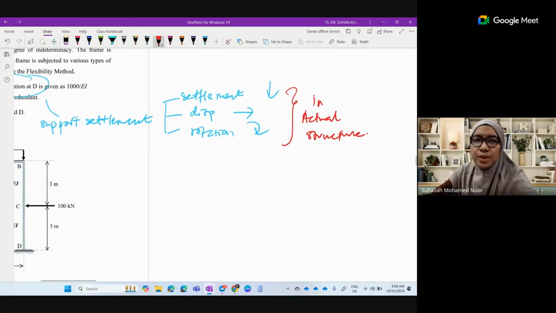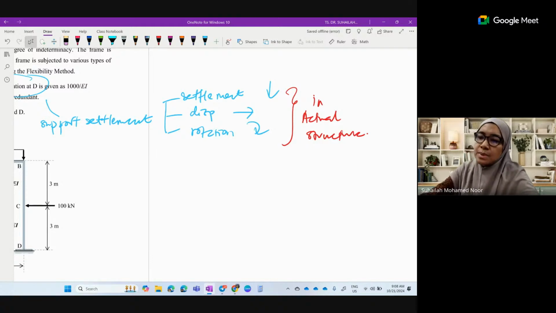This is the thing that we should know when we analyze structures using the flexibility method. Sometimes we may need to consider the support settlement occurring in the system.